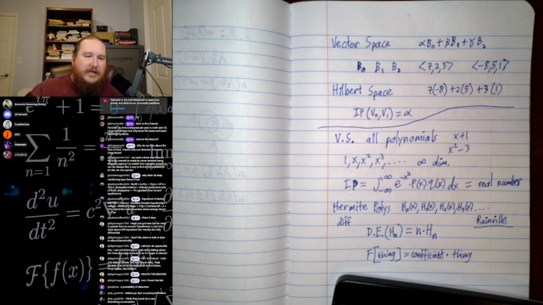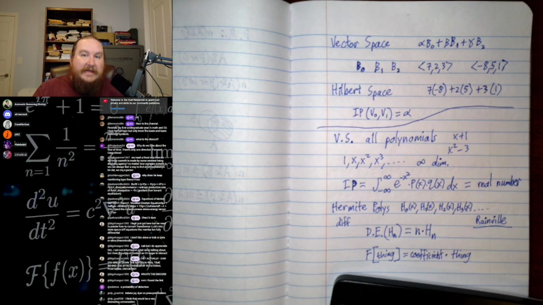Then you can get them to telescope and cancel, and that gives you the fundamental theorem of calculus, which is that the antiderivative gives you the area underneath the curve.